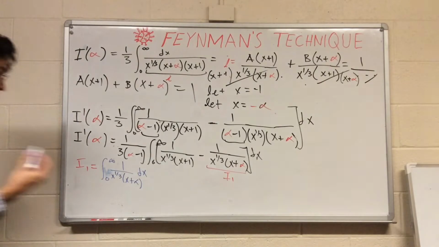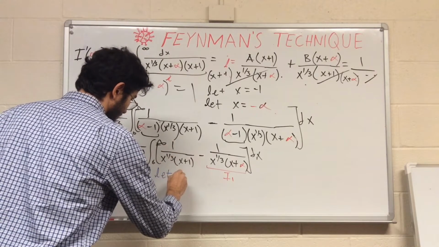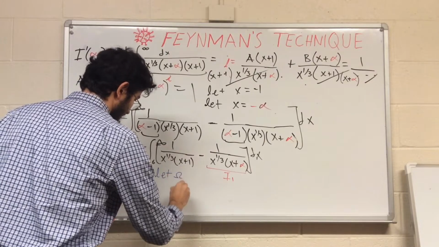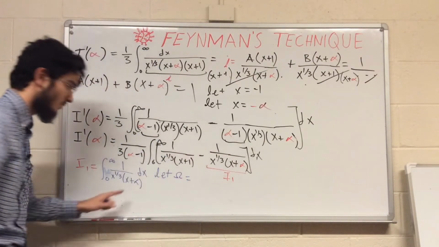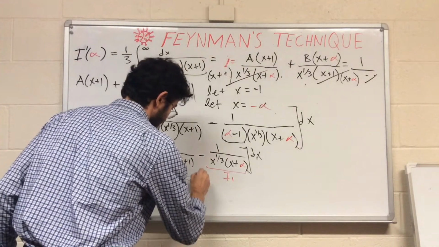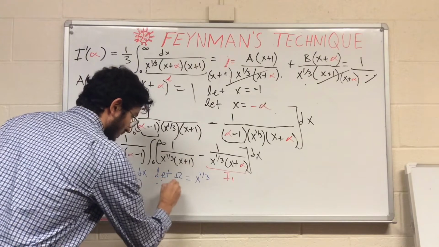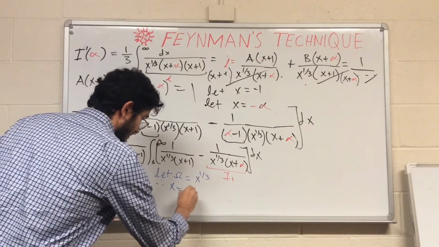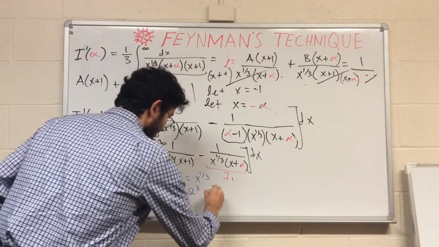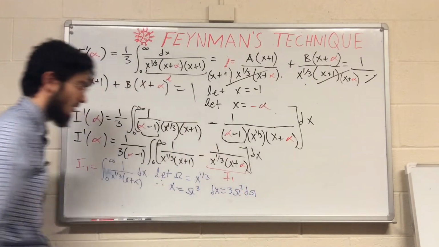Now for this integral, let some other variable, for example, omega, let omega be equal to x to the 1/3. Okay, x to the 1/3 will be omega, and we know that therefore x is equal to omega cubed, so that means that dx is equal to 3 omega squared d omega.